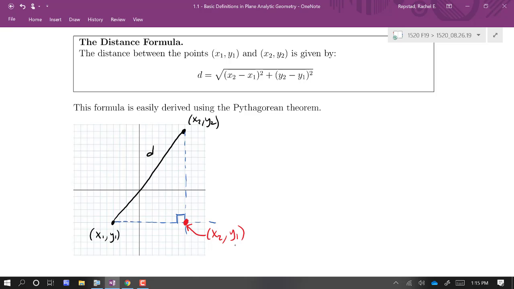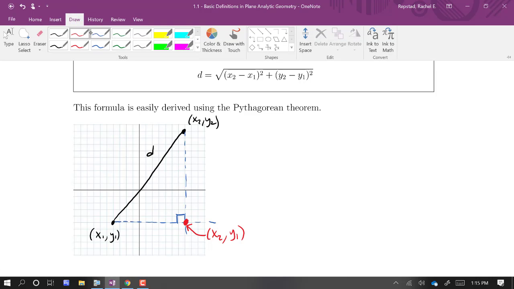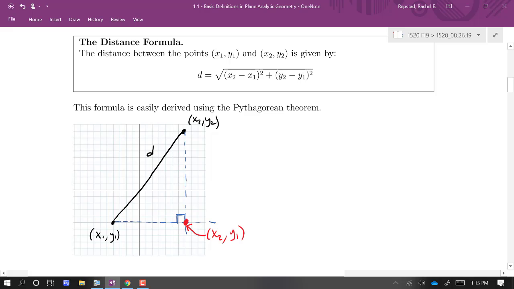And now that we know those coordinates, we can figure out these distances. Now, this is a really simple idea that's going to come back over and over again. If I want to find a horizontal distance in the plane, I just take the right x minus the left x. It's just a straight line that's horizontal.